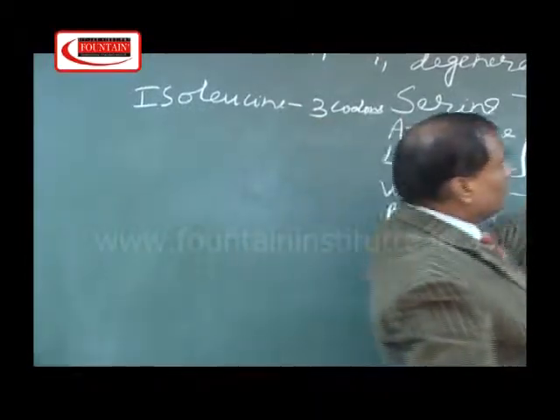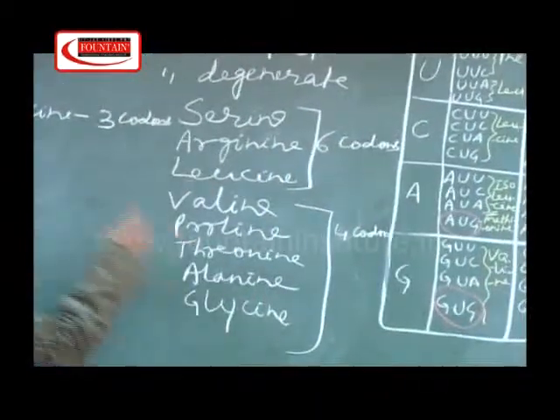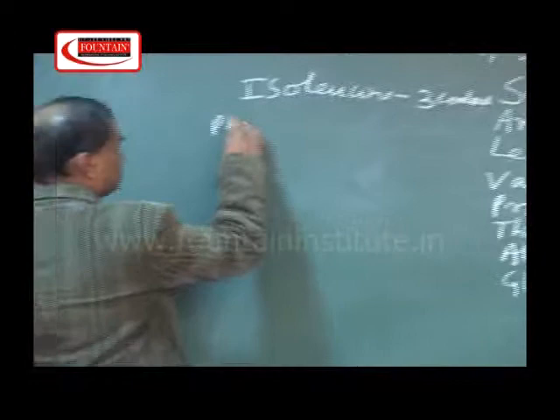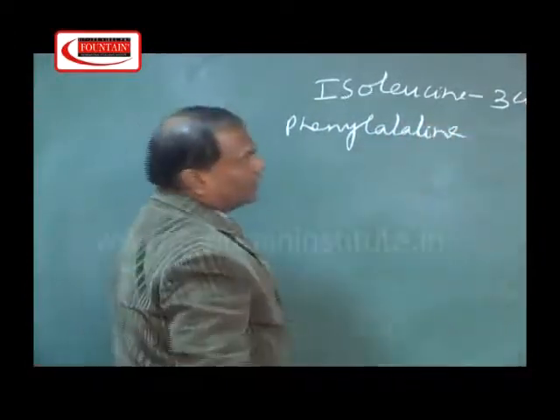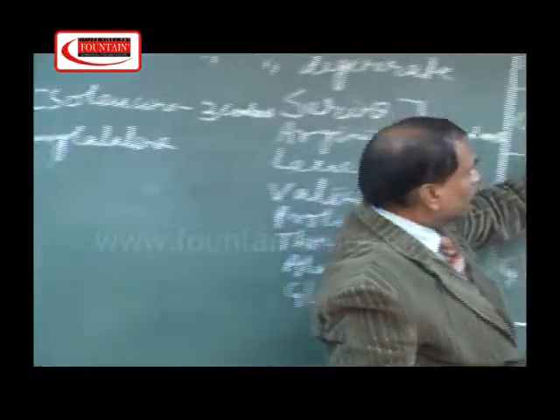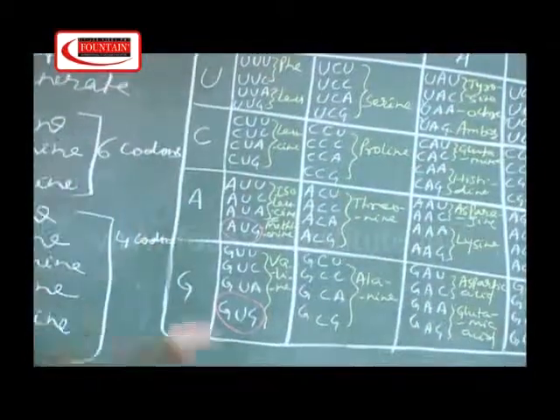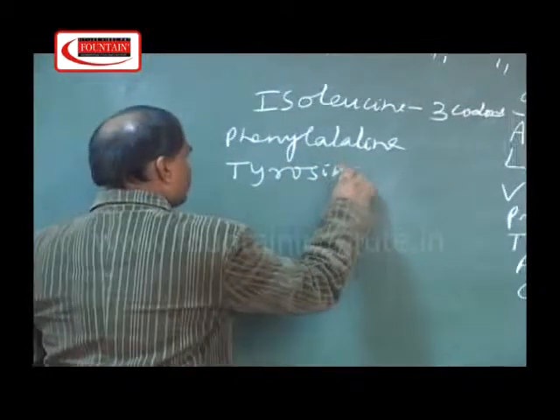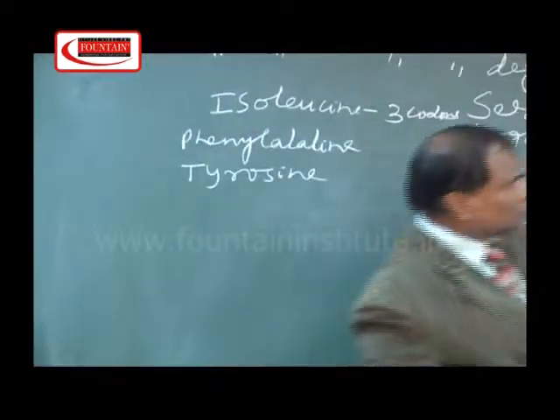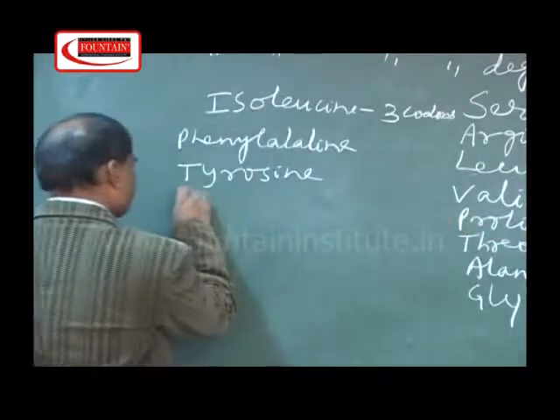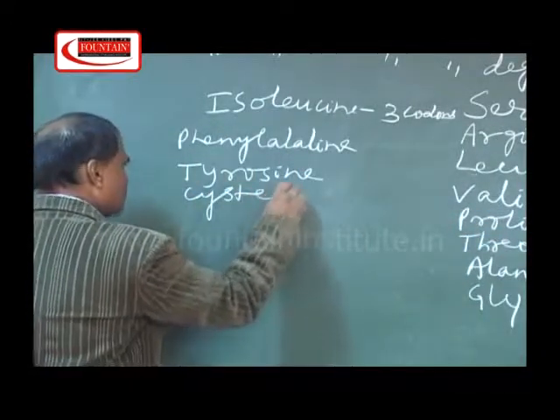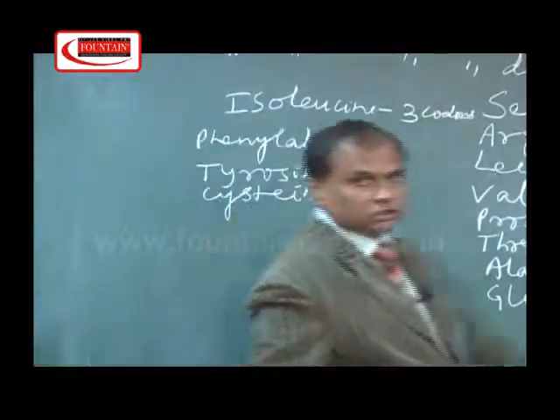For example, 2 codons: phenylalanine. The first one is phenylalanine. Phenylalanine has 2 codons. In this one, tyrosine. This tyrosine has only 2 codons, and this one is cysteine. This also has 2 codons.